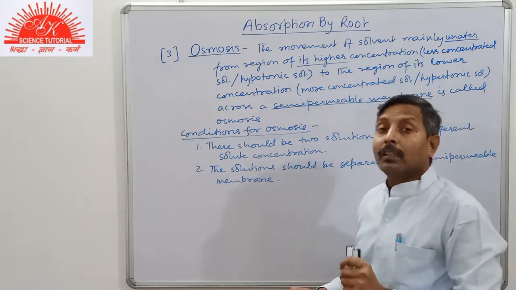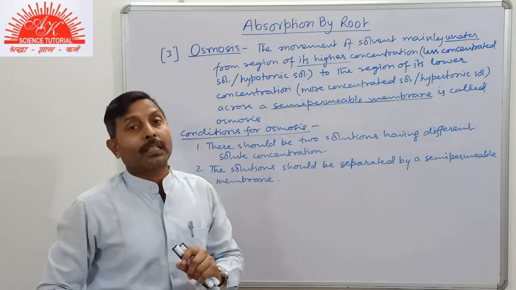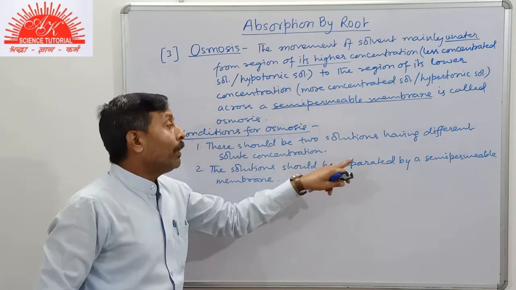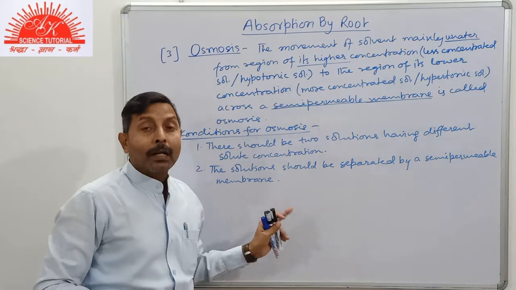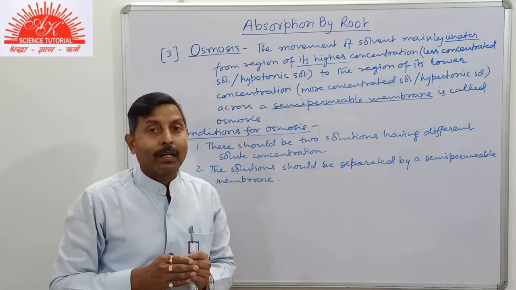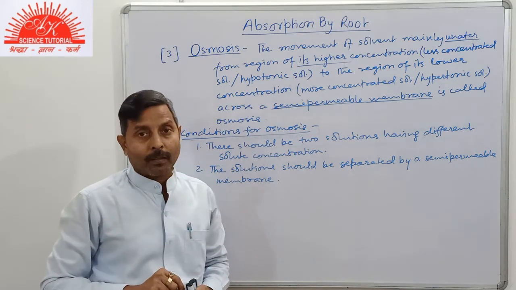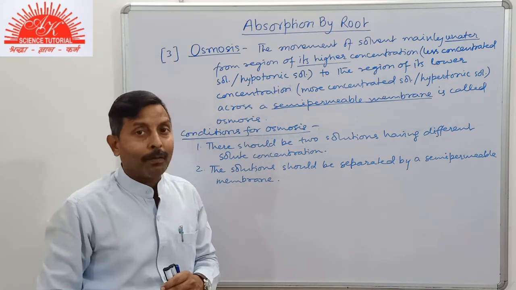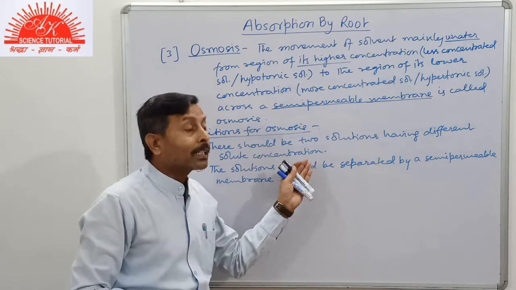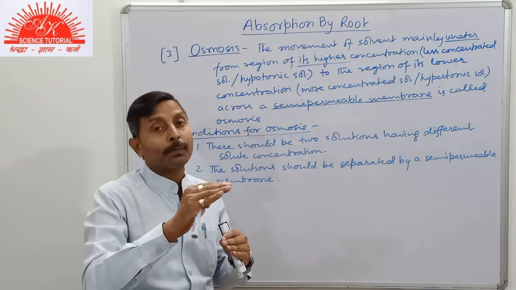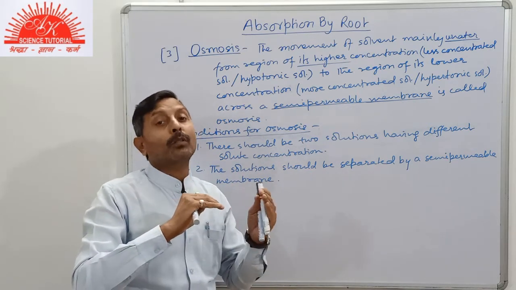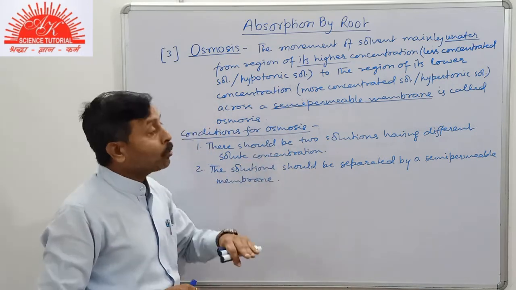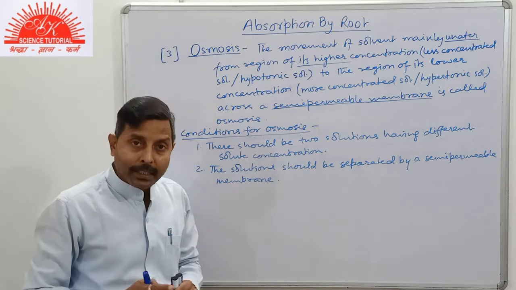And if two solutions of different concentrations are separated, in place of a semi-permeable membrane, by an impermeable membrane like rubber sheet, plastic film, or a freely permeable membrane like muslin cloth, which has large pores through which solute particles can also move, osmosis will not take place in these two conditions.